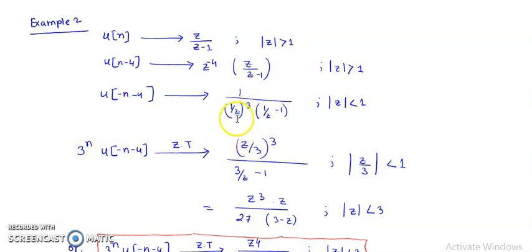So this 1/z cube goes to the numerator and becomes z cube. So z cube, if we are writing for this, then we have to write z cube by z/3, so (z/3) whole cube.